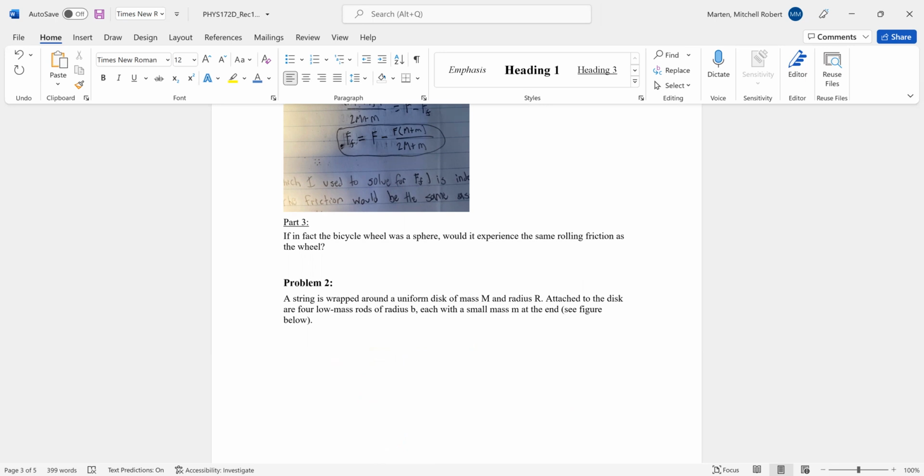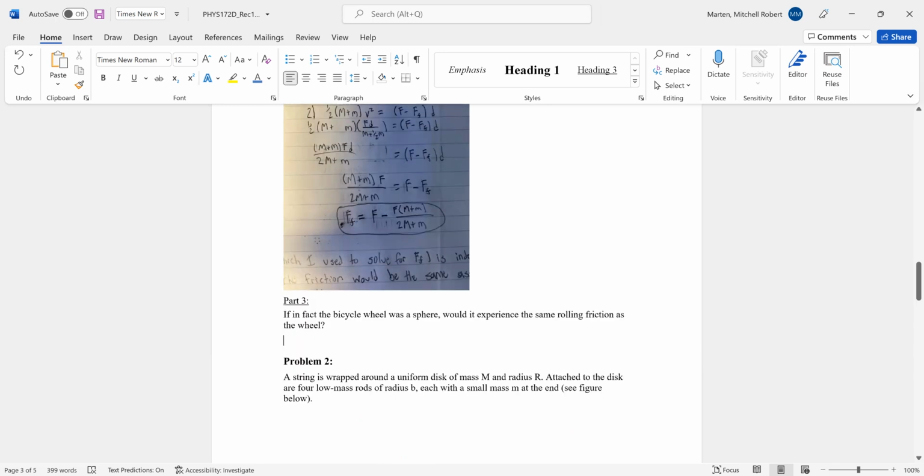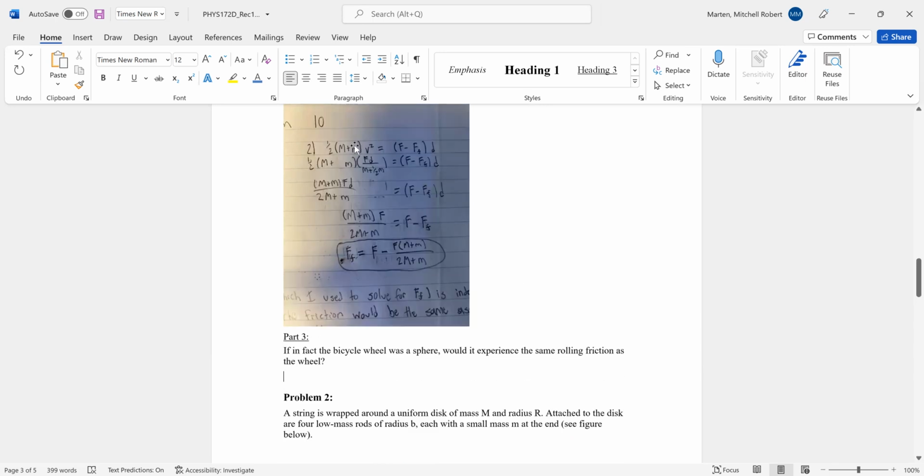I said yes, because the translational energy, which is the only thing we use to find the friction force, is independent of moment of inertia. So friction would be the same, even if the shape was different, assuming the mass and all the other properties remain the same. But I wasn't 100% sure on that. What do you guys think?